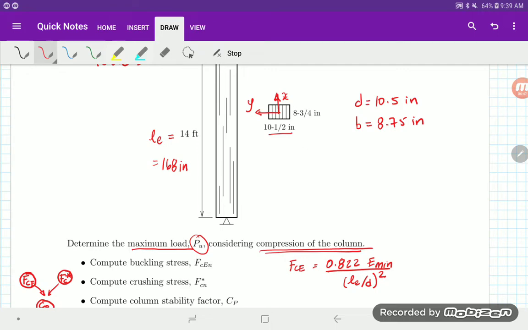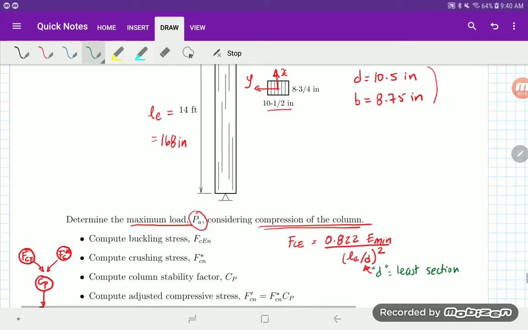I'll use D, actually not the number that I had written here, but I'll use the smallest cross-section dimension. So D, whenever we're plugging into this equation here, for F sub cE, is the smallest, the least section dimension.